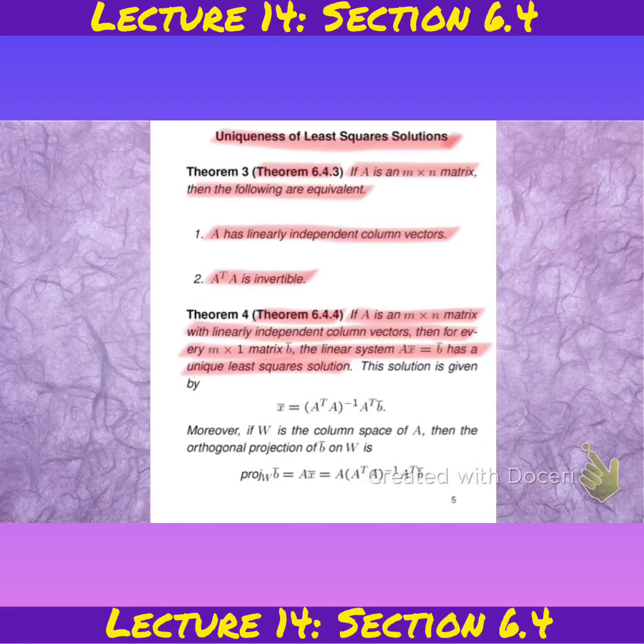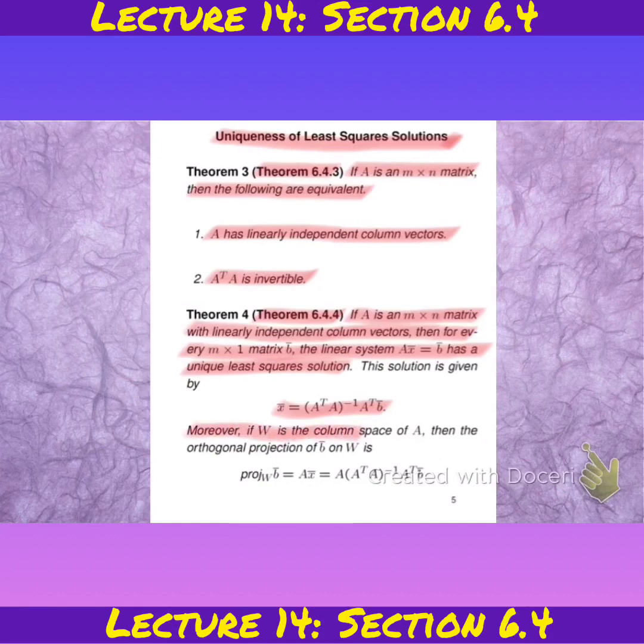Okay, and the unique least squares solution is this solution here, because by the previous theorem, if A has linearly independent column vectors, then this matrix A transpose A is invertible. And by the previous theorem, you can just easily solve for x as that vector there.